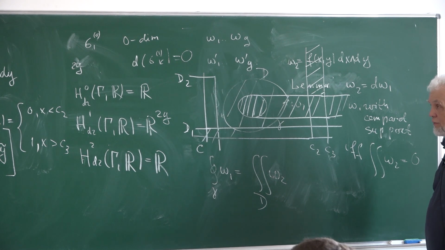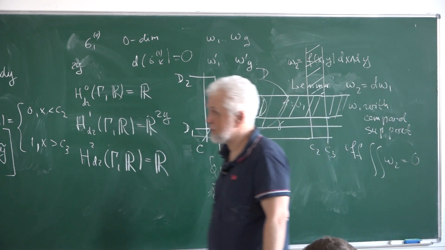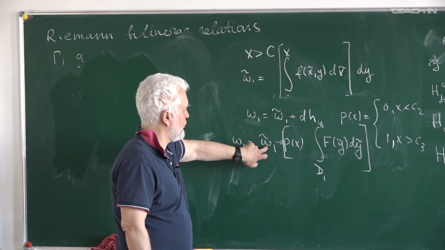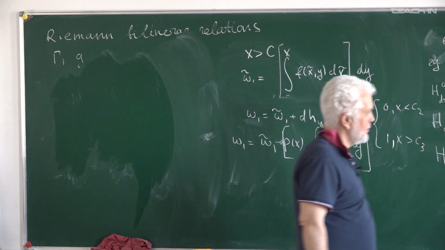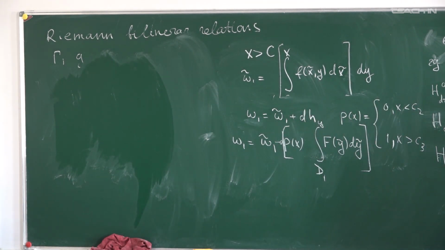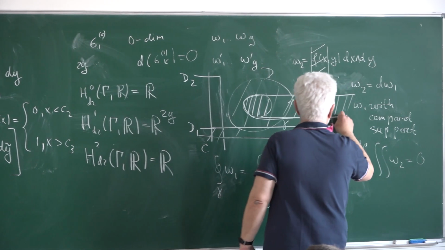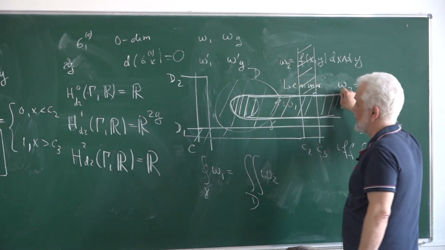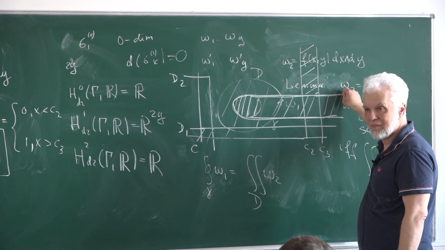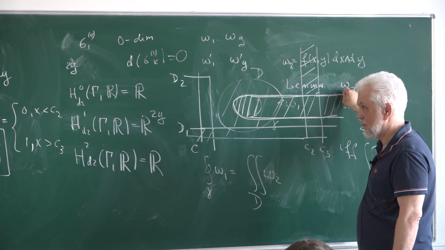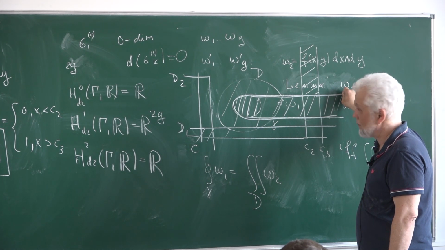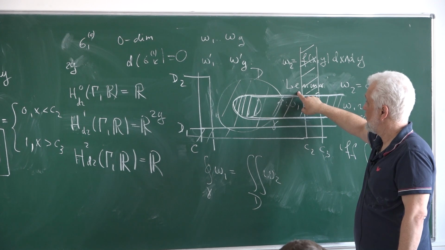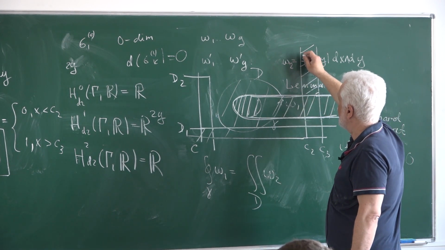Okay, let's analyze. First of all, let's assume where omega 1 tilde is non-zero in this area, you see. P of x is non-zero.